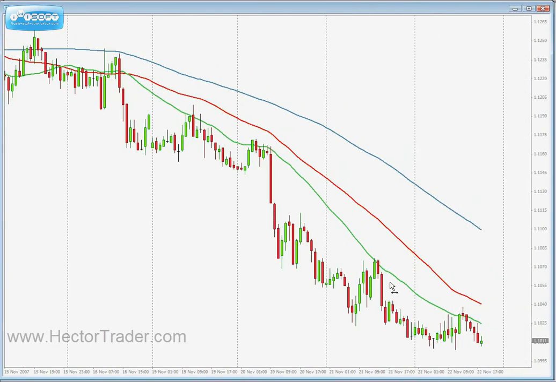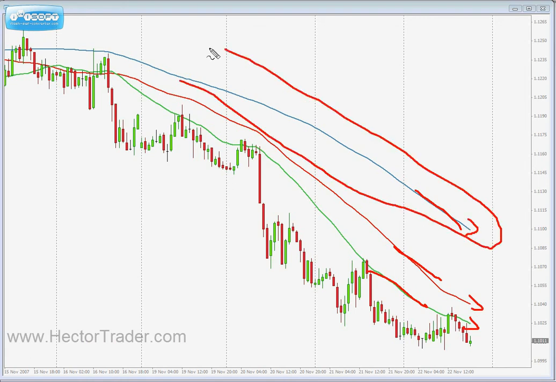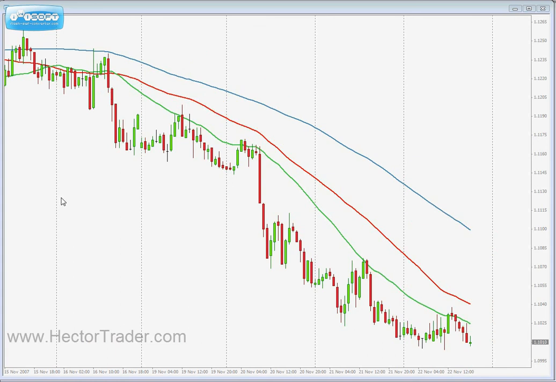As we saw in the first video of this trading course, as far as I am concerned, a trending currency pair is one that shows my three main moving averages, the 30, 50 and 100, all of them in order, all of them parallel to each other, price nowhere near the 100, and price spending most of the time on the right side of the 50, etc. So always make sure you are looking at a trending chart before trying to apply the concept of the area of dynamic support and resistance.